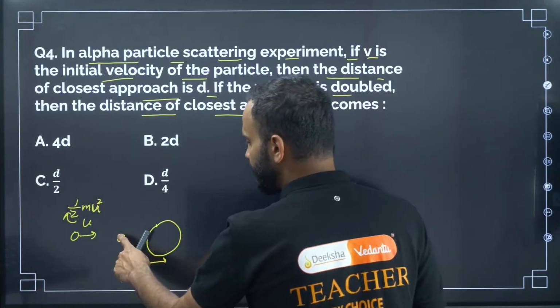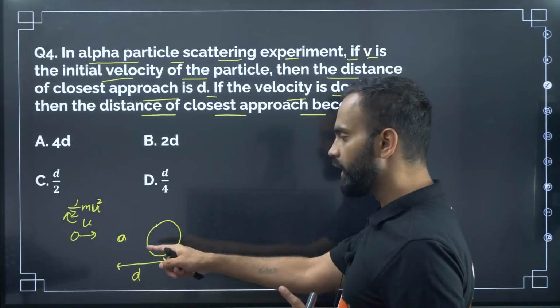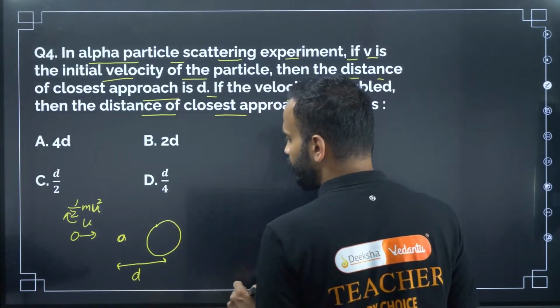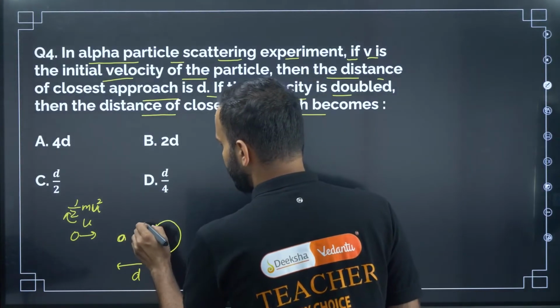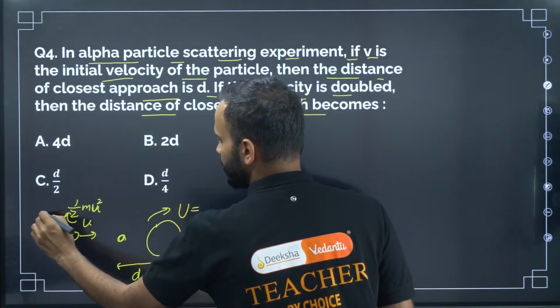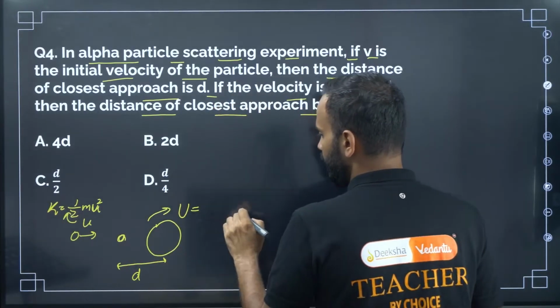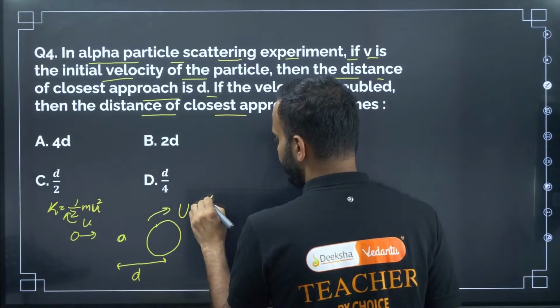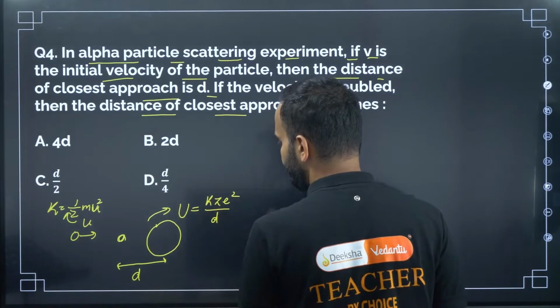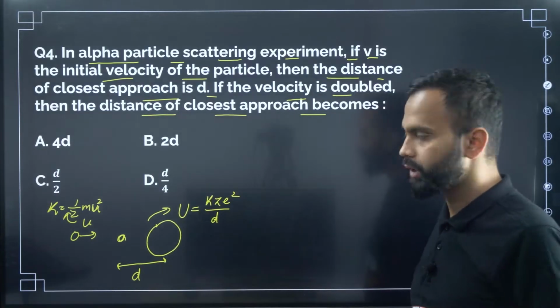At this point the kinetic energy of the alpha particle is 0. Here the electrical potential energy U is equal to k z e square divided by d, where d is the distance of closest approach.